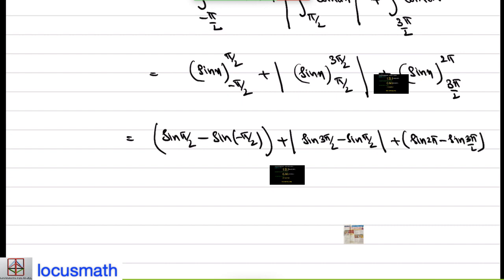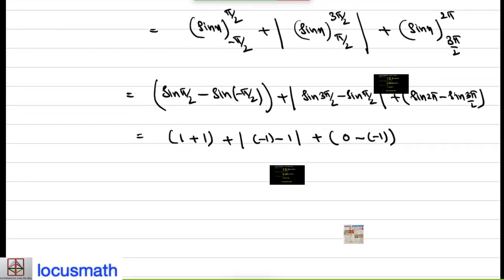Here sin 90 is 1, sin of minus theta is minus sin theta, plus sin 90 again 1. Then sin 3 pi by 2 is minus 1, minus sin 90 is 1, plus sin 2 pi is 0, minus sin 3 pi by 2, which is minus 1.